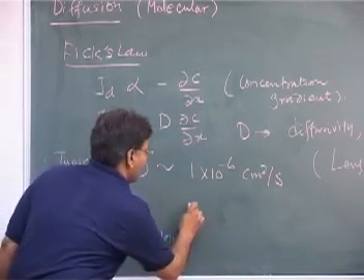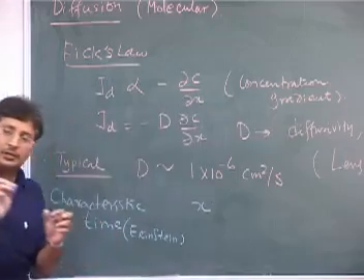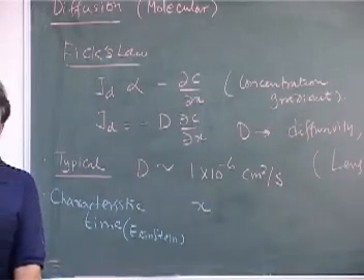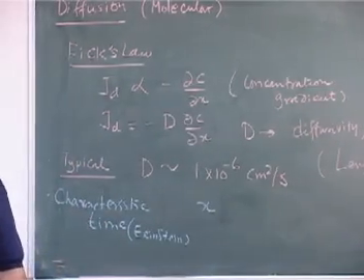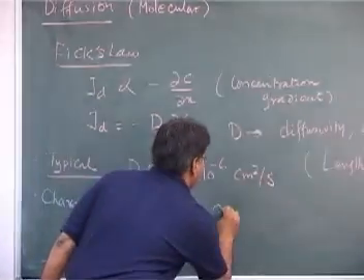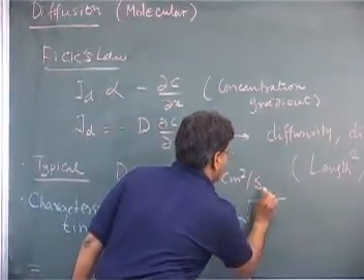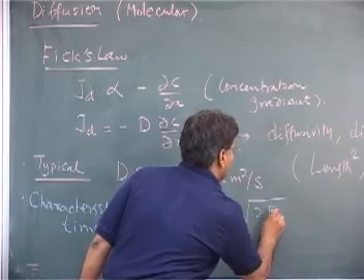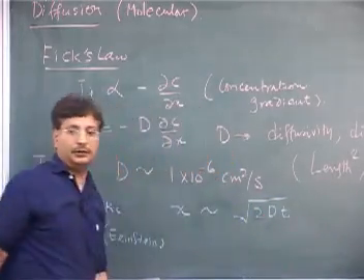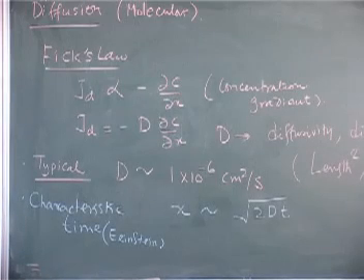He said that the typical distance of diffusion, how far the thing will go, is of the order of the square root of 2 times D t. Again, don't forget, we are just talking about molecular diffusion right now.